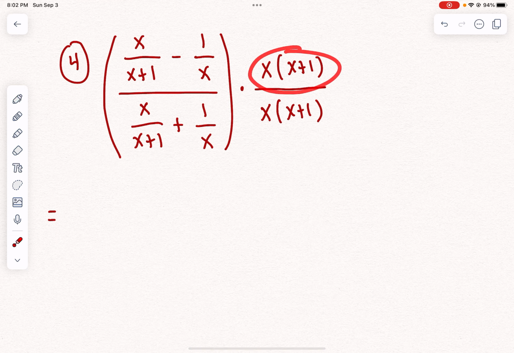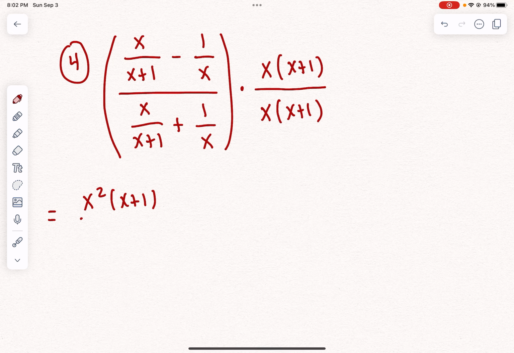We have this whole term times x: x squared times x plus 1 over x plus 1, minus x times x plus 1 all over x.